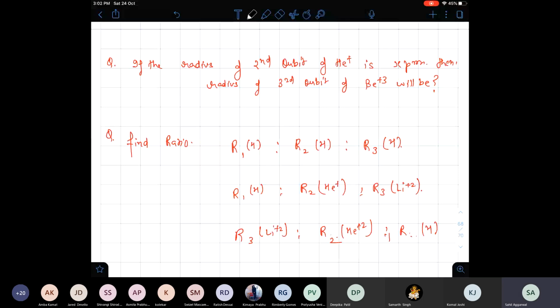What is that, Kimaya? 1.0.5, what does that mean? Okay, the first one is 0.5 into 10 to the power minus 12 meter. You could have given the answer in picometer only, no?